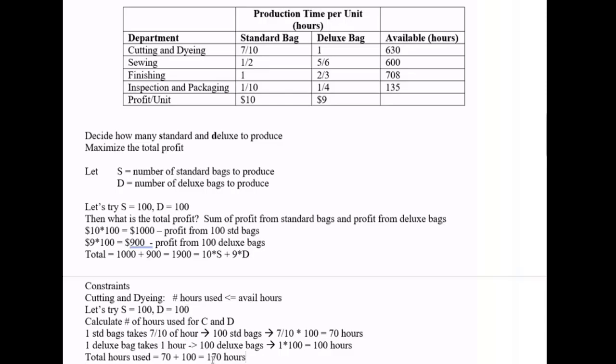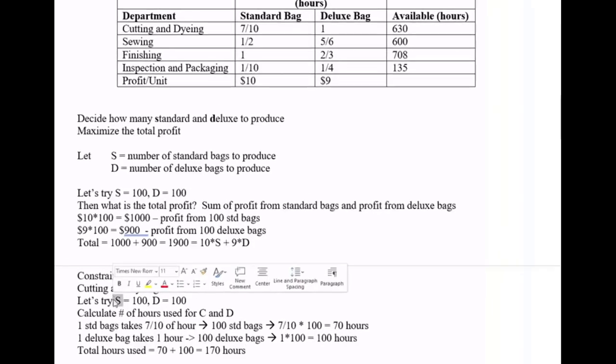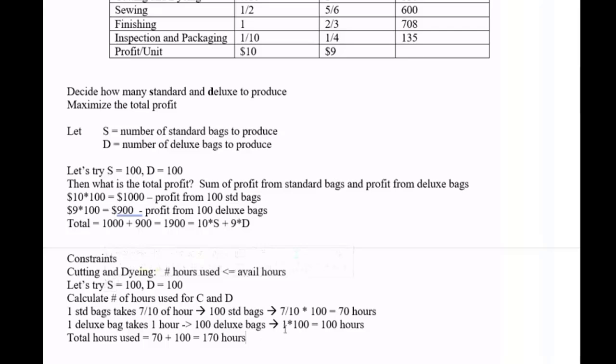So this is how we would calculate the left-hand side, the total hours used. And then, instead of using the numbers, we're going to plug in the letters, to make it more general. Okay, so how did we do it? We did 7/10 times 100, that was the amount of S. And then here we did 1 times D. So that is the 170 hours.